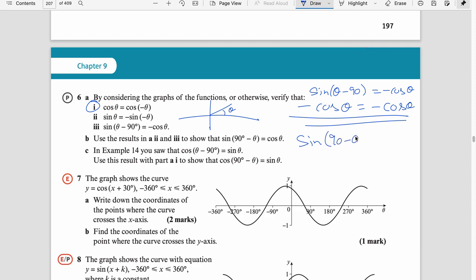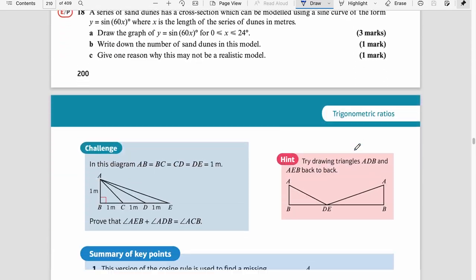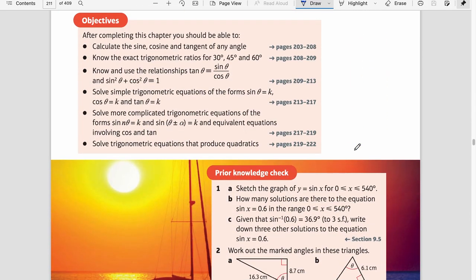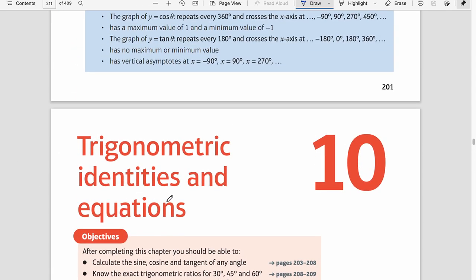Sine of 90 minus theta was cos theta, so sine of theta minus 90 would be negative cos theta. This is the identity. We will be doing these identities in detail in the chapter on trigonometric identities and equations.